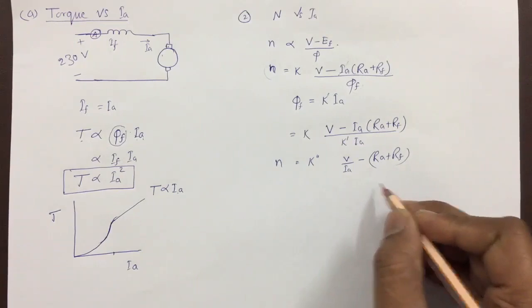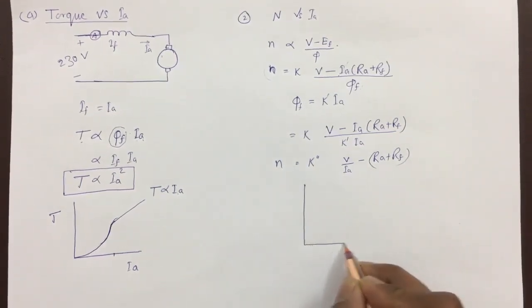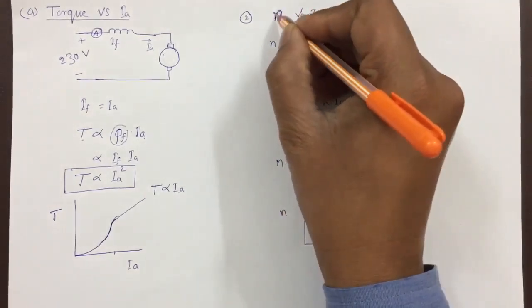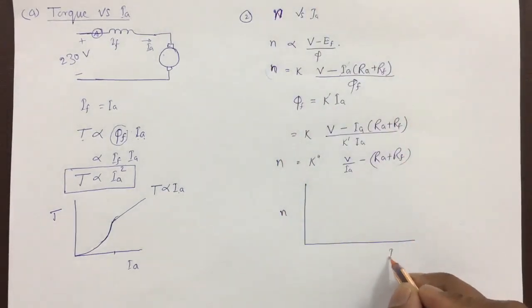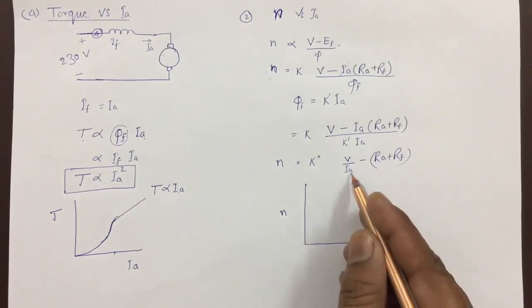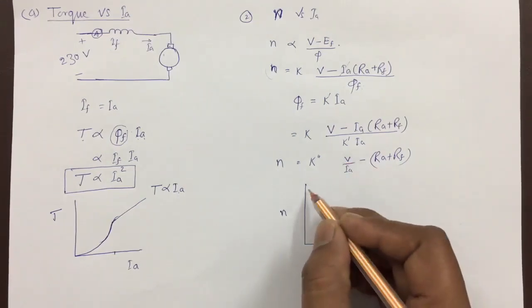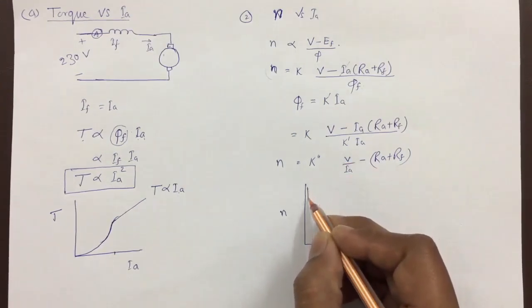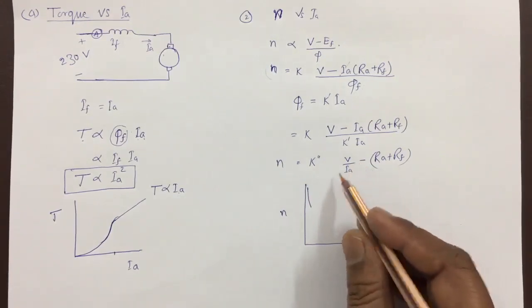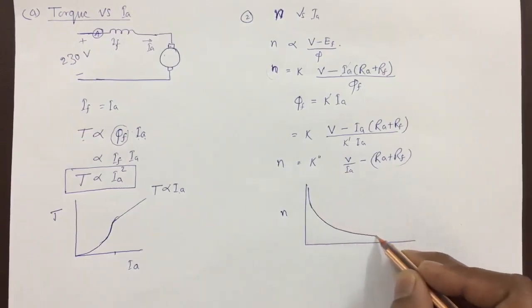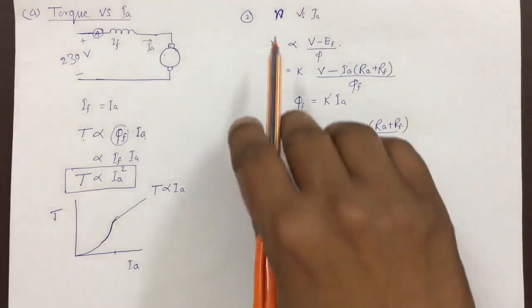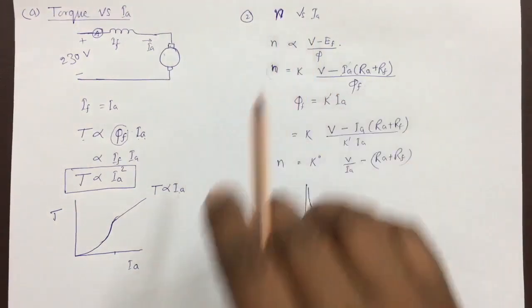So if we plot the characteristics, then we will find speed of the DC series motor and IA are inversely proportional. When IA is 0, speed will be very high, dangerously high. And when we increase the current, it will follow the inverse relationship like that. So this is the characteristics regarding point number 2, that is speed versus current.